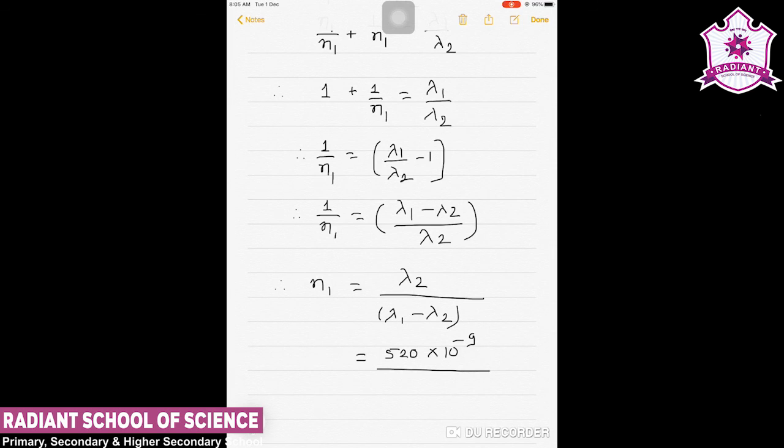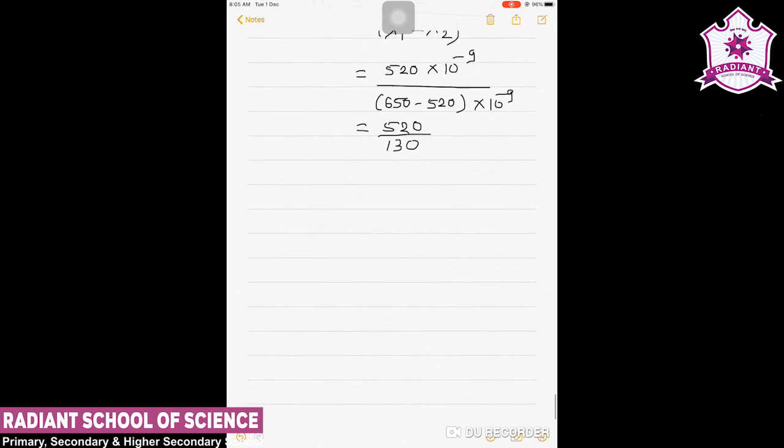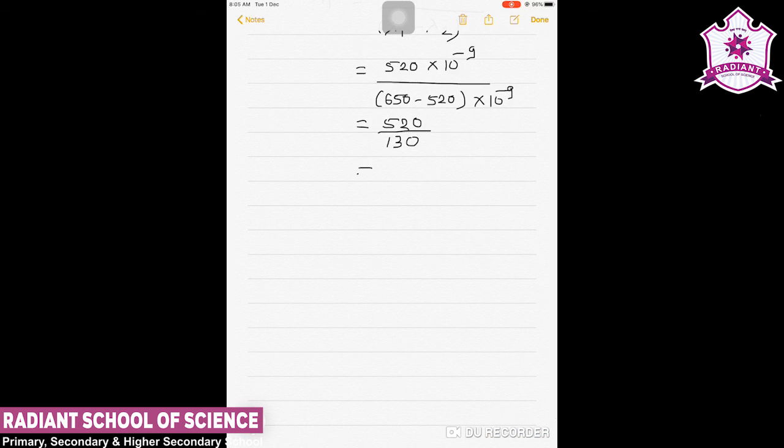Here this is 650 minus 520, so here this will be 520 over 130, and we can have therefore 4. So n1 will be the answer as 4.